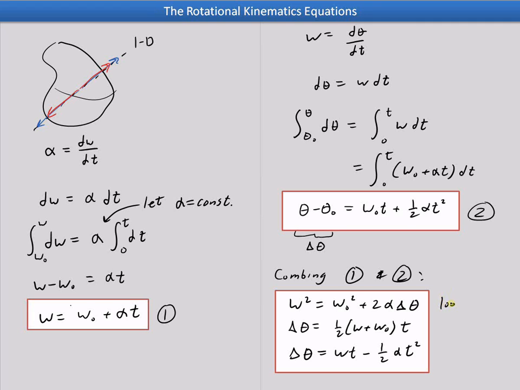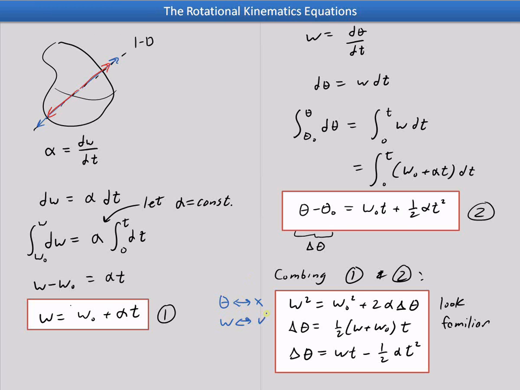Does this look familiar? I hope so, because this looks just like the equations of linear kinematics. The difference is we have different variables. In fact, that relationship is kind of nice, that theta is a lot like x, and anywhere we had an x or a delta x before, now we have a theta instead, angular position.